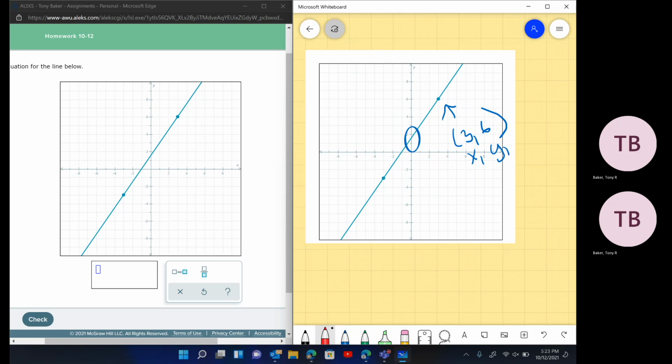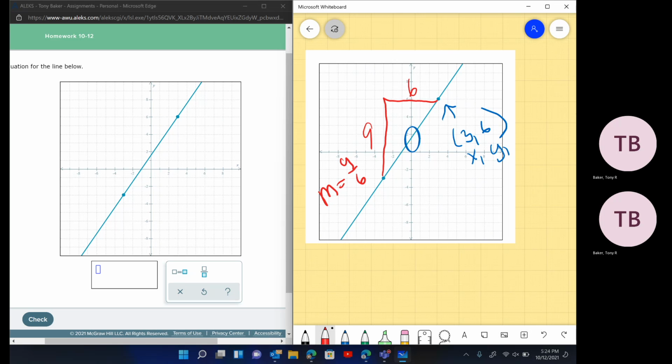Now we're going to use my slope. Same thing. So we're going to go from the left, up, and over. So I'm up 9 spaces and over 6 spaces. So my slope is 9 over 6. Okay? We good to there? So what 2 pieces of information do I have? I don't have my y-intercept. That's the problem.